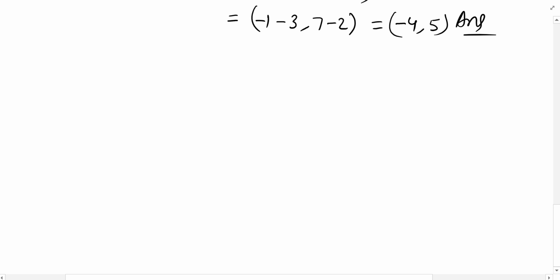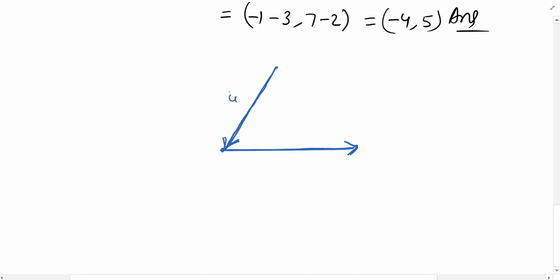So now the next thing is, what would be the sum of these two vectors? From here to there, and then this vector is starting from here and going up to this point. Let's call that u, and this is w. So it's the same method that we were doing before.